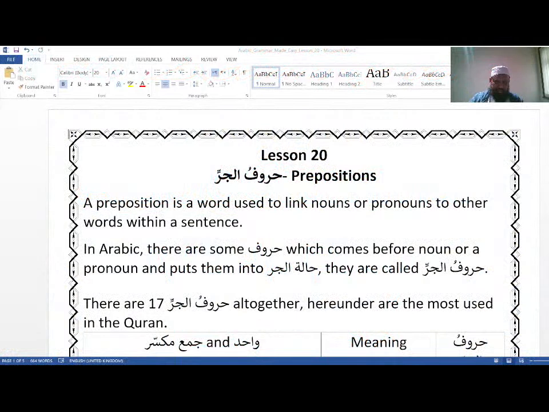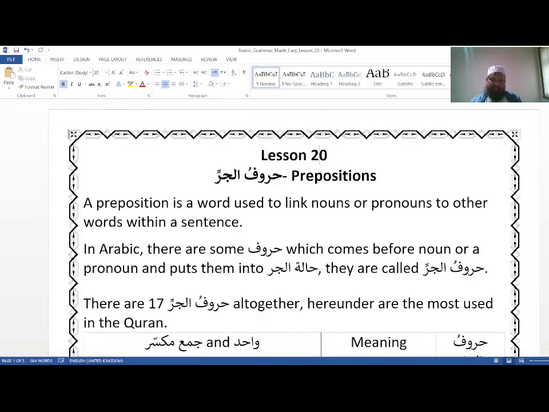Okay, let's see what we have in the lesson today. Huruful jar, prepositions. Preposition in English is very wide. I was searching for prepositions in English; sometimes you'll get a list of 100, sometimes 150.